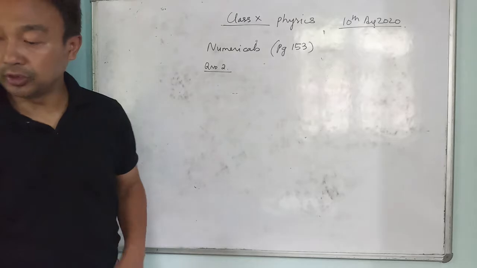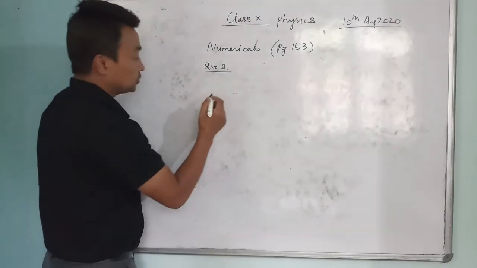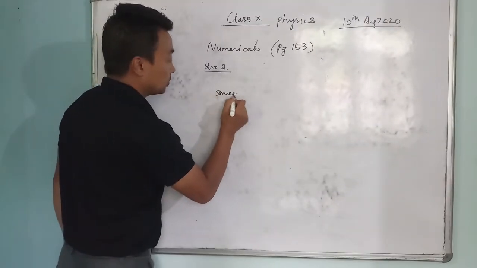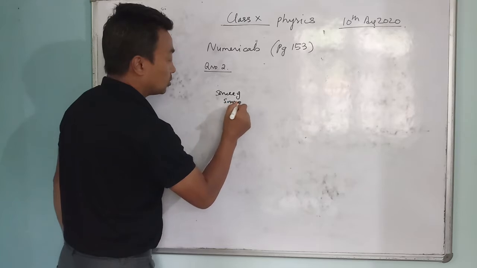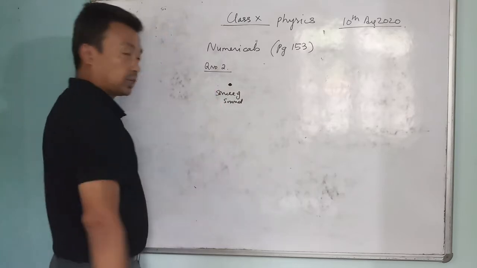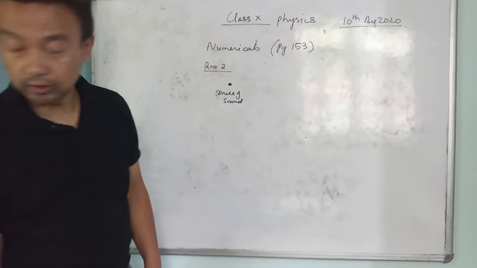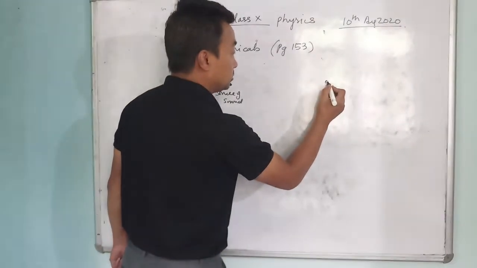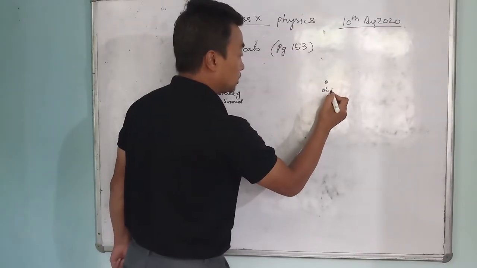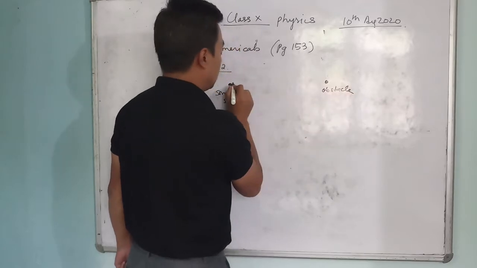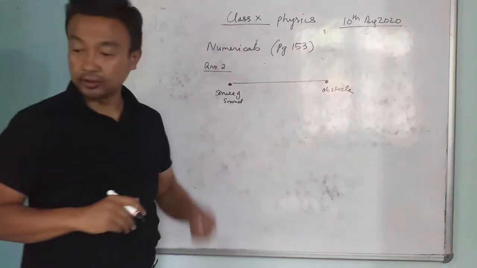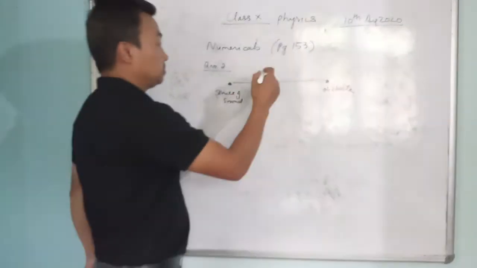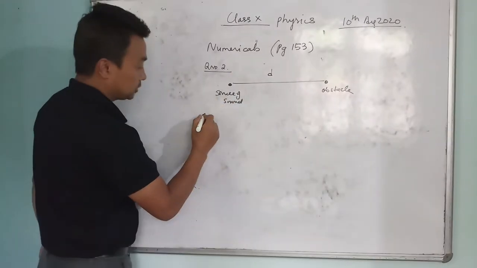It is a very, very easy numerical. Suppose this dot is the source of sound and this other dot is the obstacle. We have to find the minimum distance, that means d. So let us start here.